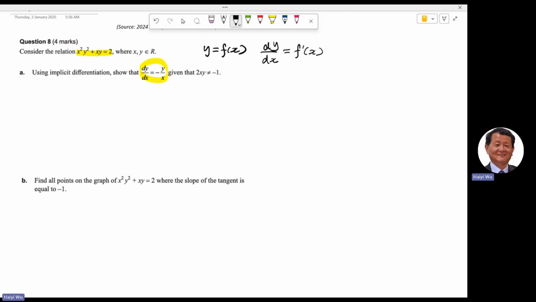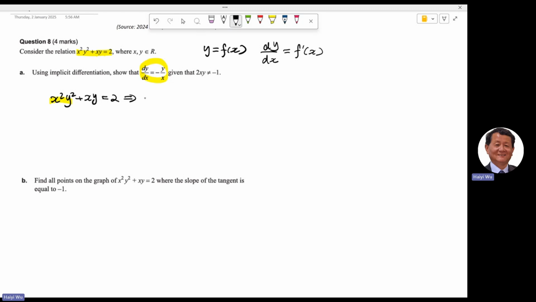So let's copy this question down first. The first term is a product, because we have two functions, x squared and y squared. Let's do the product rule.